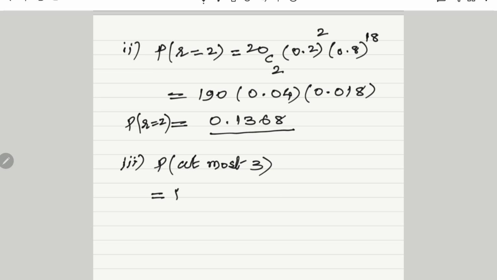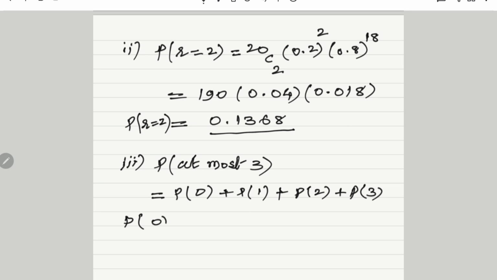Therefore, it is P of 0 plus P of 1 plus P of 2 plus P of 3. Here, out of these four quantities, already we have calculated P of 0 and P of 2. Therefore, I will write down that value directly.